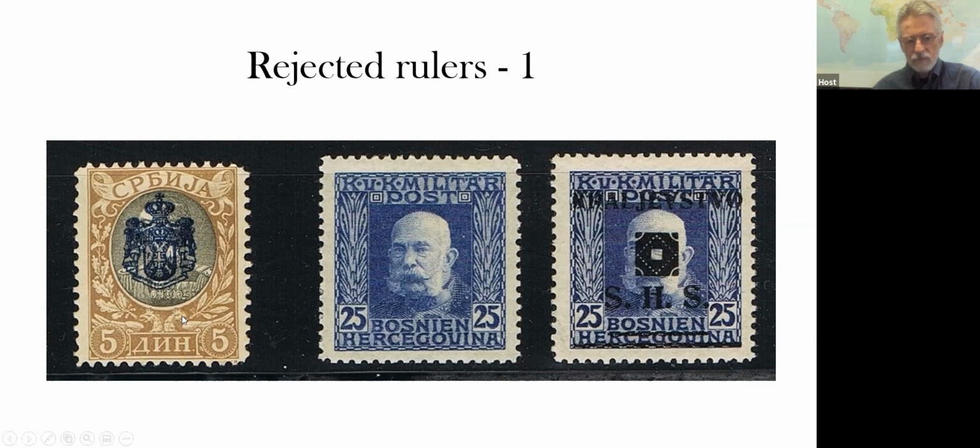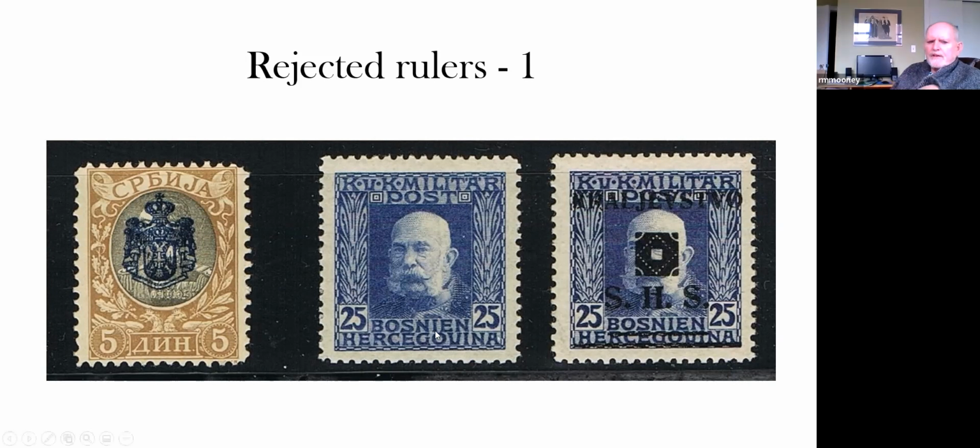These stamps were never issued with, this is King Alexander Obrenović. They were never issued, but they took the unissued stamps and blotted out his face with the Serbian coat of arms. And then after that, the next issue showed the next king, Peter Karađorđević.